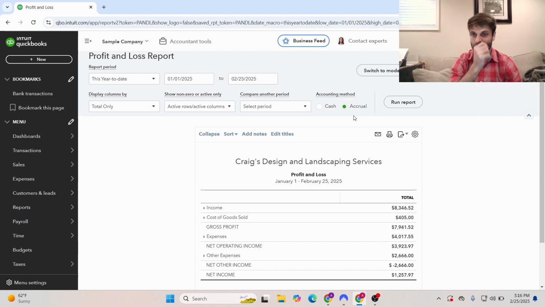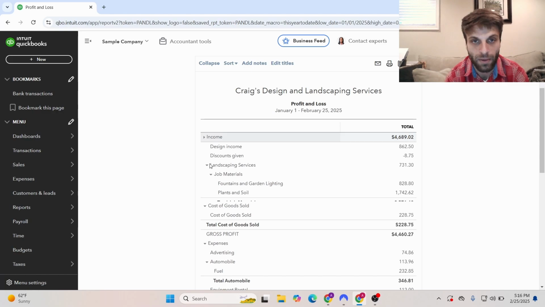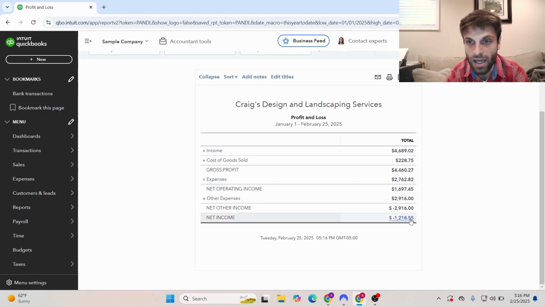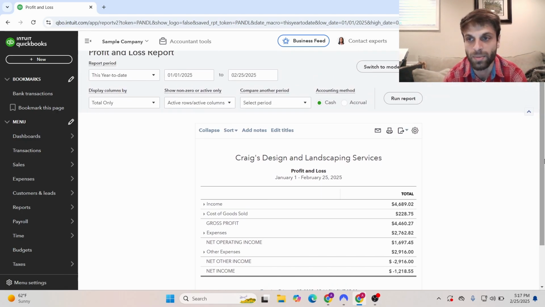So remember we had a huge amount on, we'll take a look at it in a minute, but when we switch to cash and we run a cash accounting basis, we run the report, you'll see if we minimize these categories and make it easier to look at, we have a negative net income, and that's because we have so much in our accounts receivable that we actually have a negative bottom line, negative net income. So we don't want that.